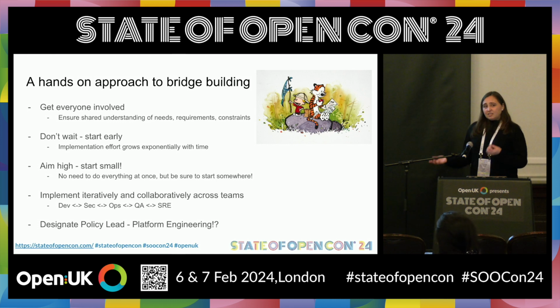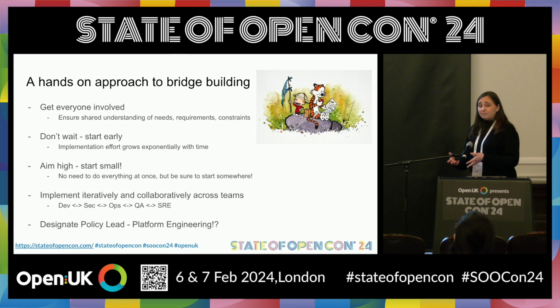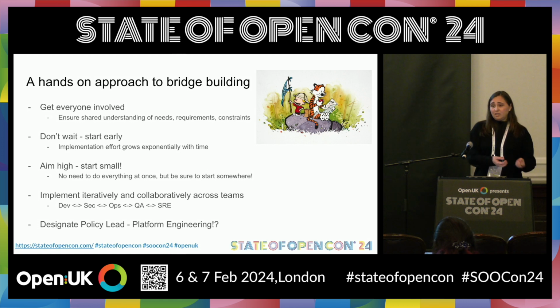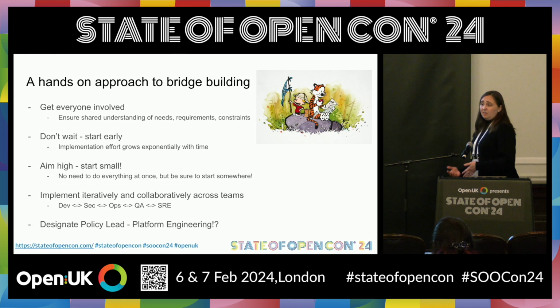SREs can't understand that a developer is super frustrated that they're shipping something too quickly if there isn't any conversation going on between your development team and your SRE, let alone the fact that SREs have a plethora of knowledge about what should be configured and how it should be configured, that if they had conversations with your development team or your operations team, they'd be able to share that earlier on, and everybody will have a much more complete understanding of why you're putting in certain rules and guardrails that need to be followed and how not following those is going to affect your overall outcome.